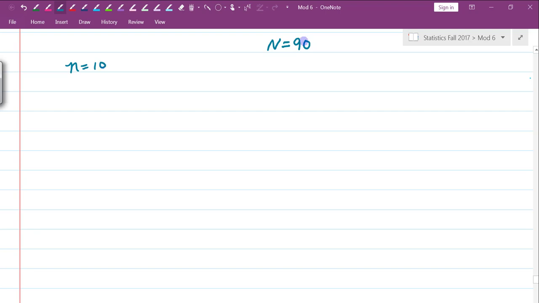I could choose the first 10 that sit in the first row, the first 10 people in the second row, the third row, the fourth row, and the fifth row.